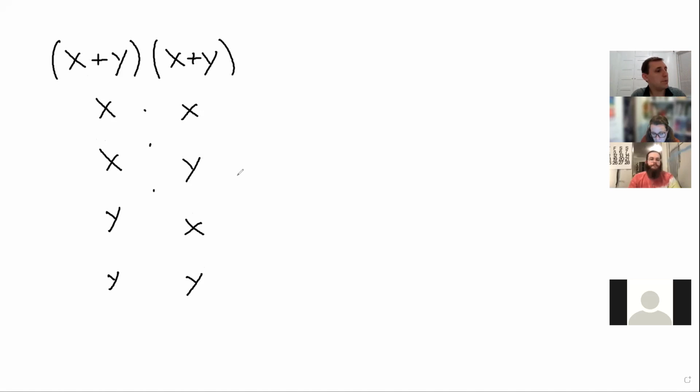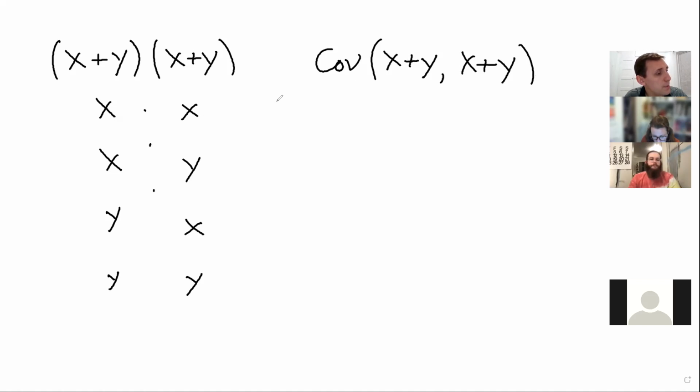Great. Now, what happens if you calculate the covariance of x plus y with x plus y? Exactly the same thing. This covariance behaves as if it were multiplication. You agree? Why? Because I can expand it.